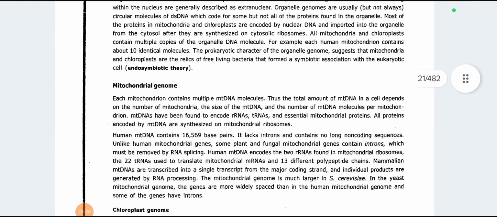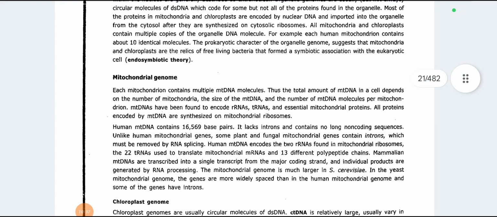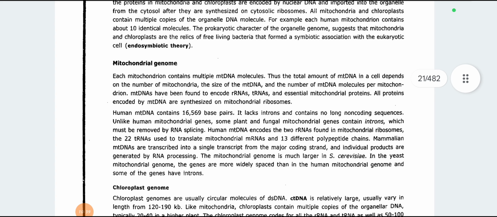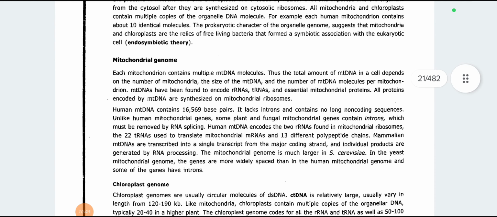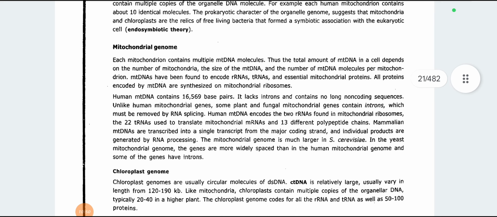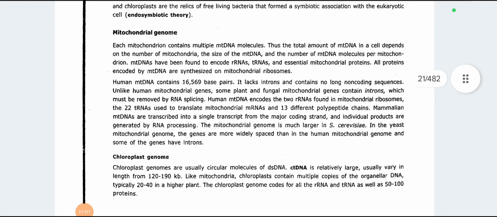Most of the proteins are encoded by nuclear DNA and imported into the organelle from the cytosol after they are synthesized on cytosolic ribosomes. Mitochondria and chloroplasts contain multiple copies of the organelle DNA genome, and each human mitochondrion contains about 10 identical molecules. The prokaryotic character of the organelle genome suggests that mitochondria and chloroplasts are the relics of free living bacteria that formed a symbiotic association with the eukaryotic cell.